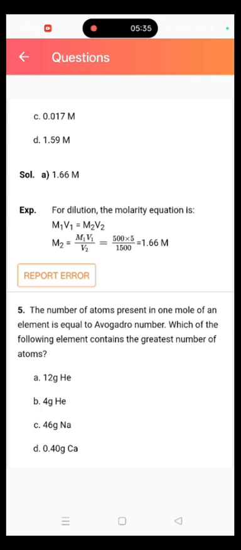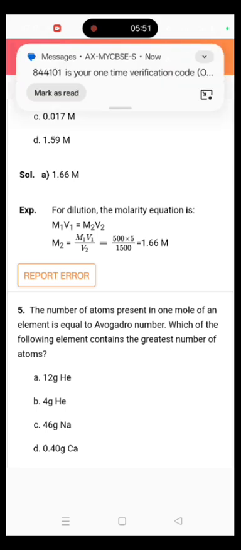If so, which of the following elements contains the greatest number of atoms? So you have to find out the number of mole in each case, so that if the number of mole is high, number of atoms will be high. Number of mole into Avogadro number, that is the number of particles.